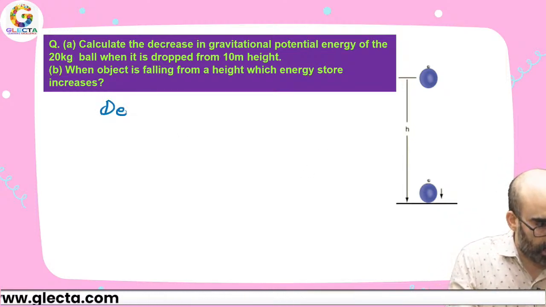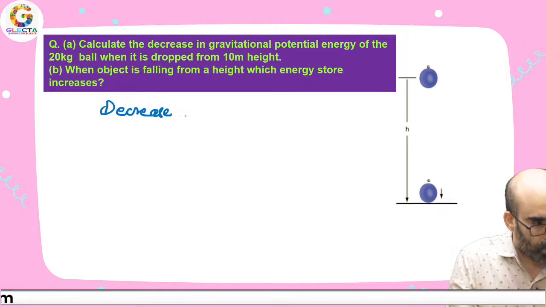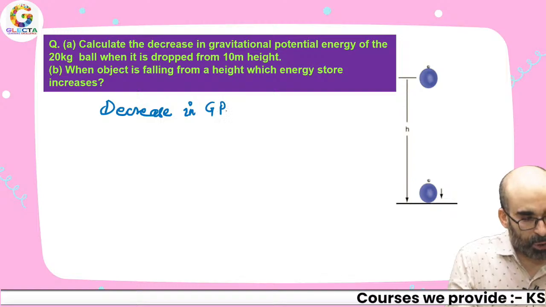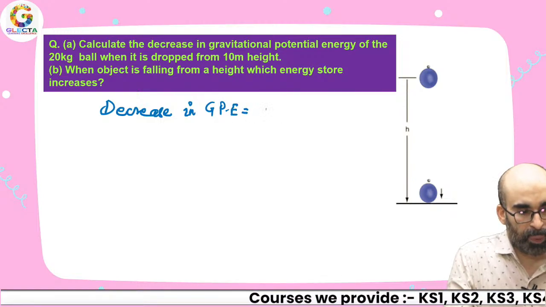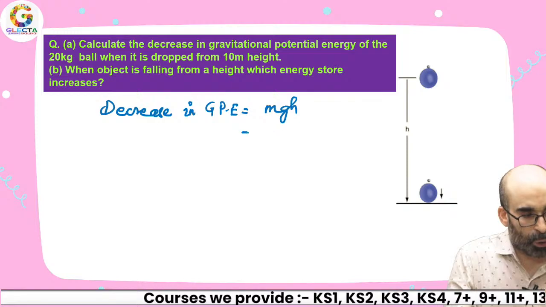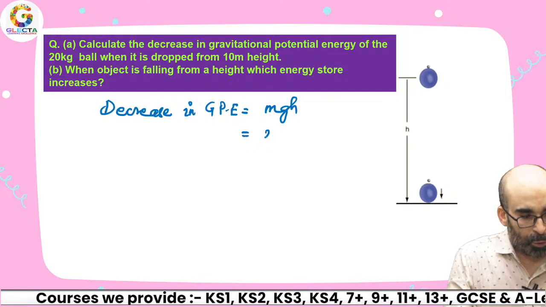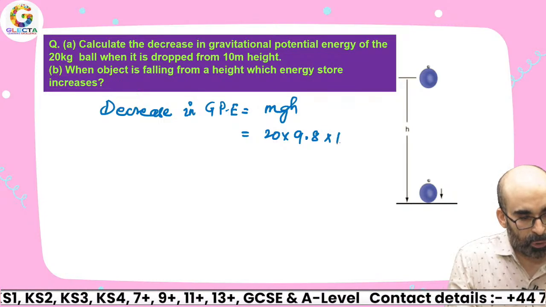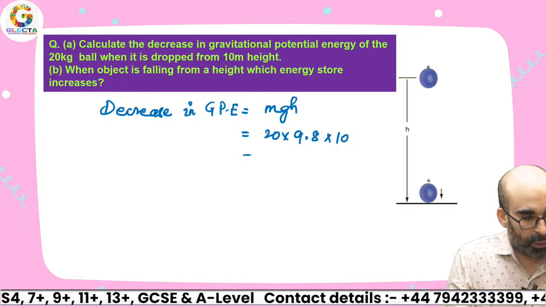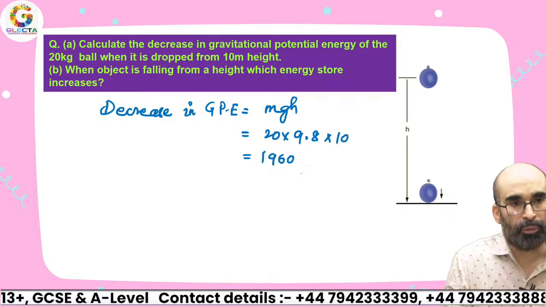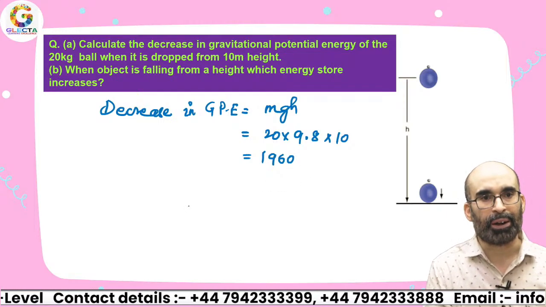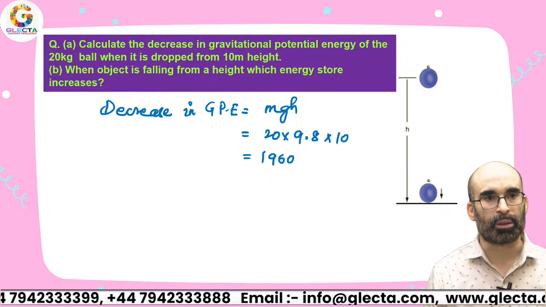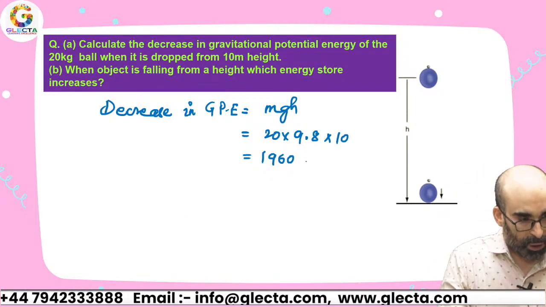So, decrease in gravitational potential energy equals mgh, and there is going to be 20 times 9.8 times 10, and that would be 1960. Very good, Michael. Michael, Advait have got the correct answer.